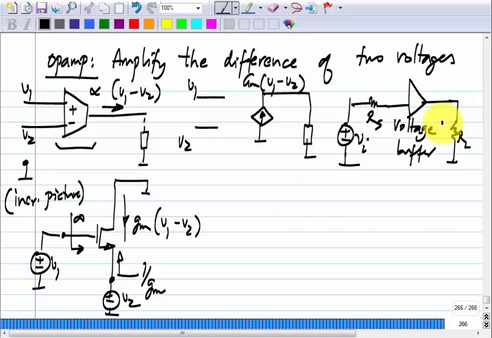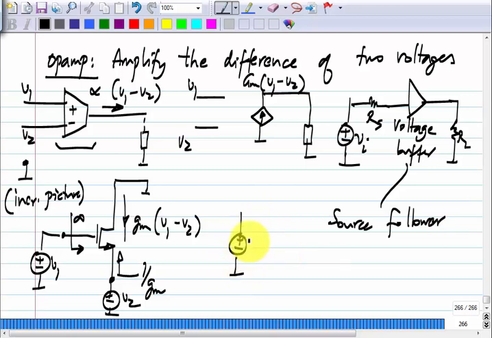We already found a transistor circuit which will act as a voltage buffer, and that is the source follower, or the common drain amplifier. How does that work? You apply V2, the voltage that you want to buffer, to the gate of the MOS transistor. Again, this is just the incremental picture.